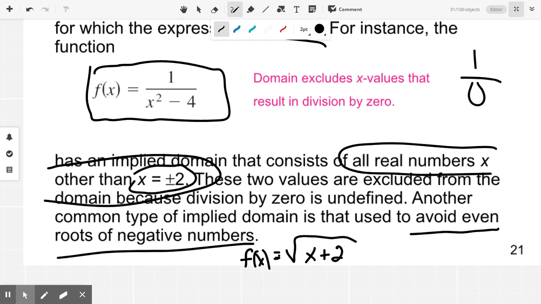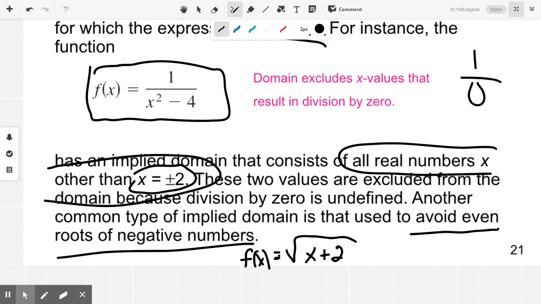So the domain for this one would exclude any number that's going to cause the inside to be negative, right? Any number smaller than negative 2 would cause this square root to be negative. If I put in a negative 4, plus 2 is negative 2, an undefined number.